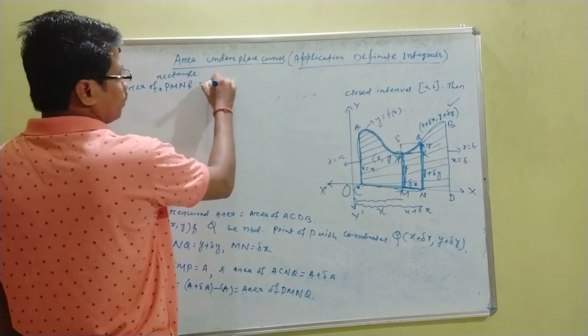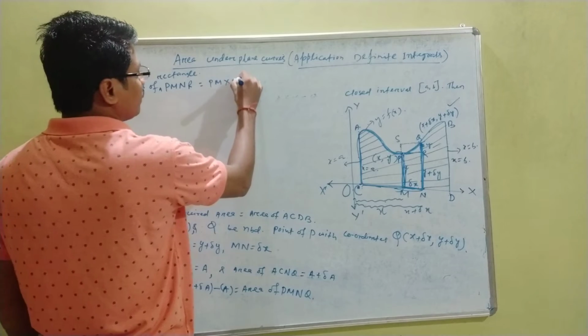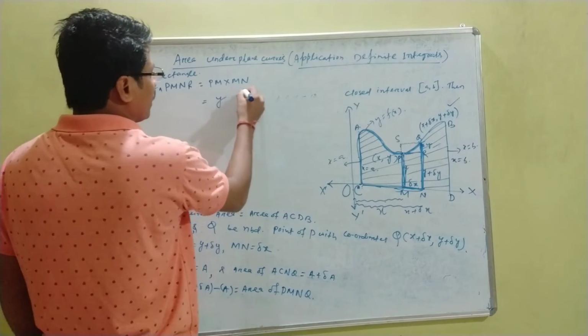Length is PM and breadth is MN. So PM is y, MN is delta x.